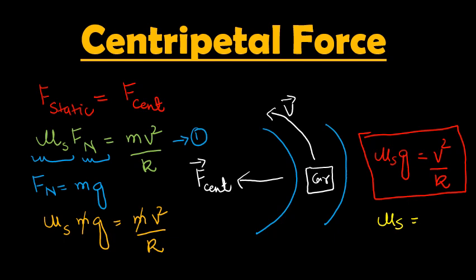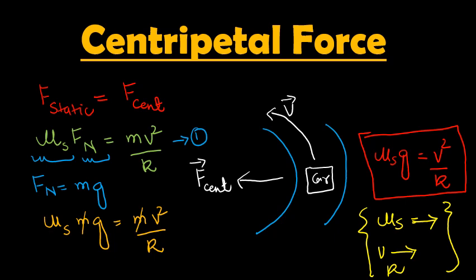We can calculate the velocity with which a car is traveling, and secondly we can also calculate the radius of the circular path which the car is following.